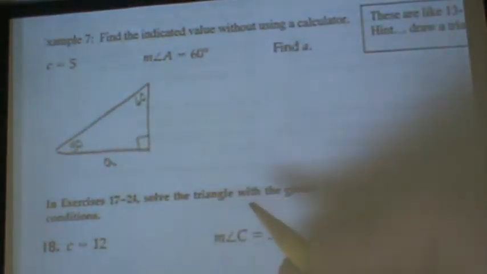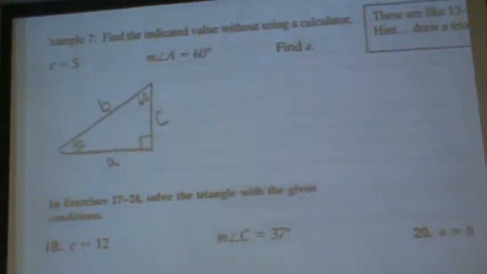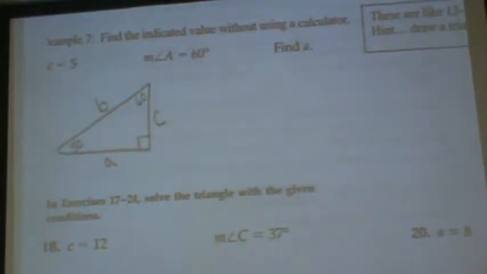So this would be A. And then you can label the other two however you want. This could be angle B, just as long as you do the corresponding sides. So we can call our hypotenuse B and our short side C. Just as long as you keep it consistent.